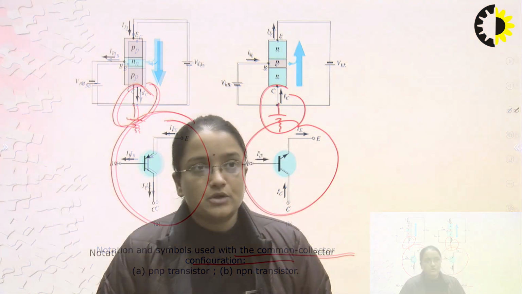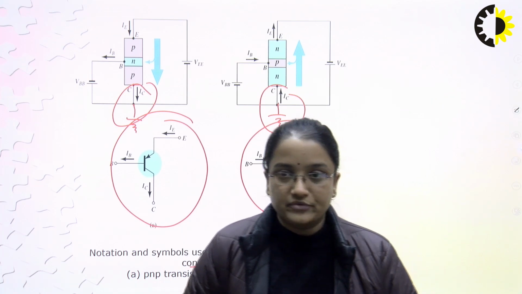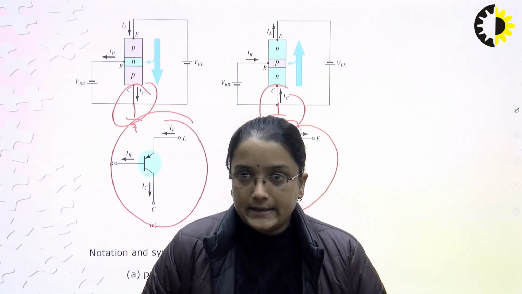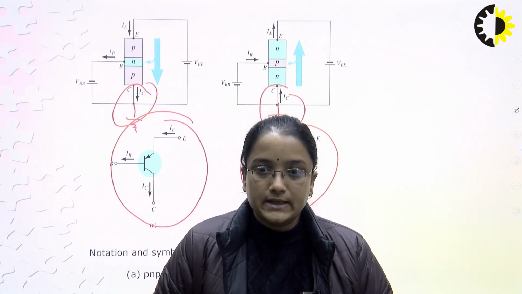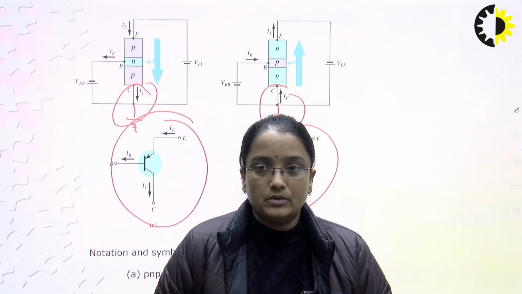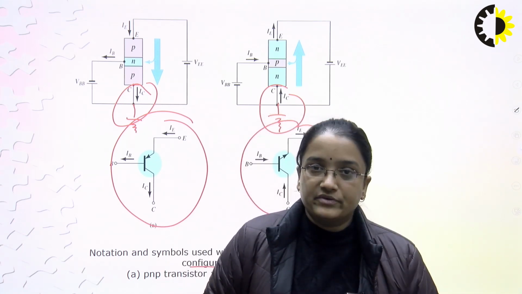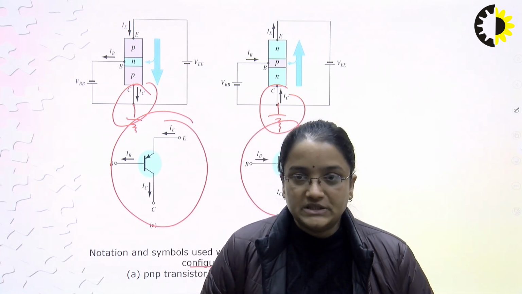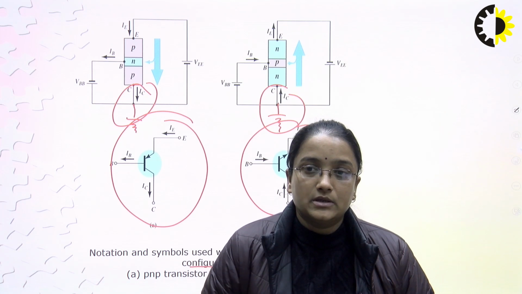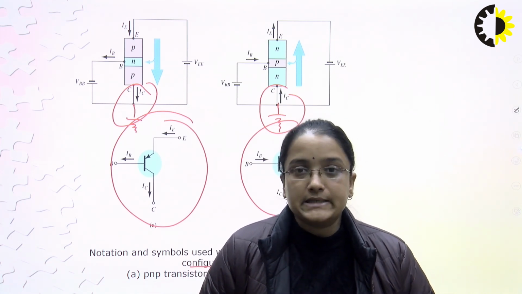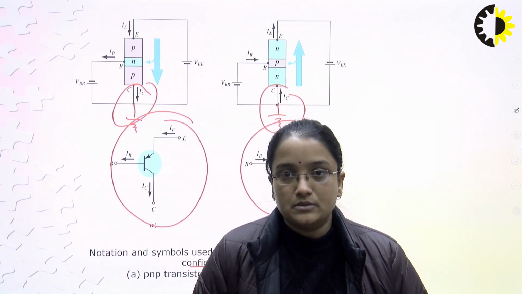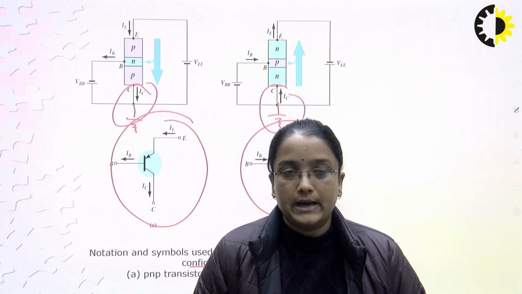The basic introduction is what we have covered during the entire lecture. Summarizing all the things we have covered up till now: first of all, I have given the basic introduction of BJT. Next, we have covered the construction, how the BJT is constructed, and the basic analogy of BJT in terms of a PN junction diode.